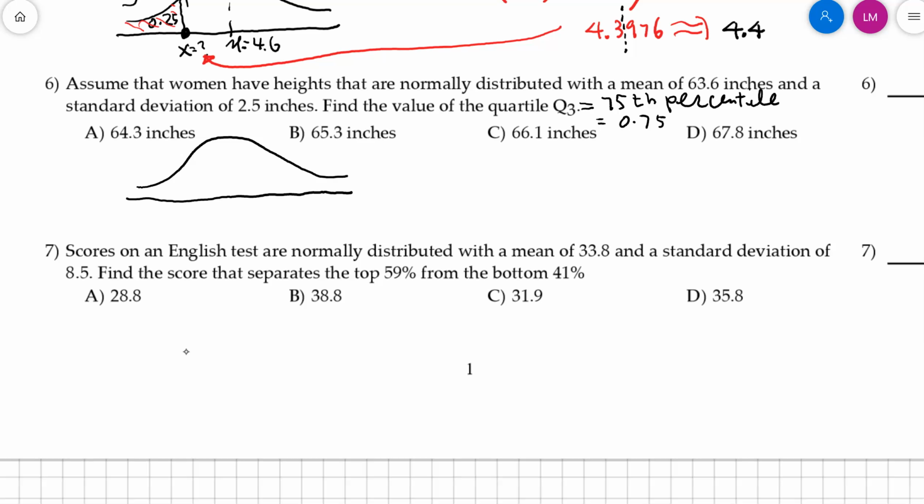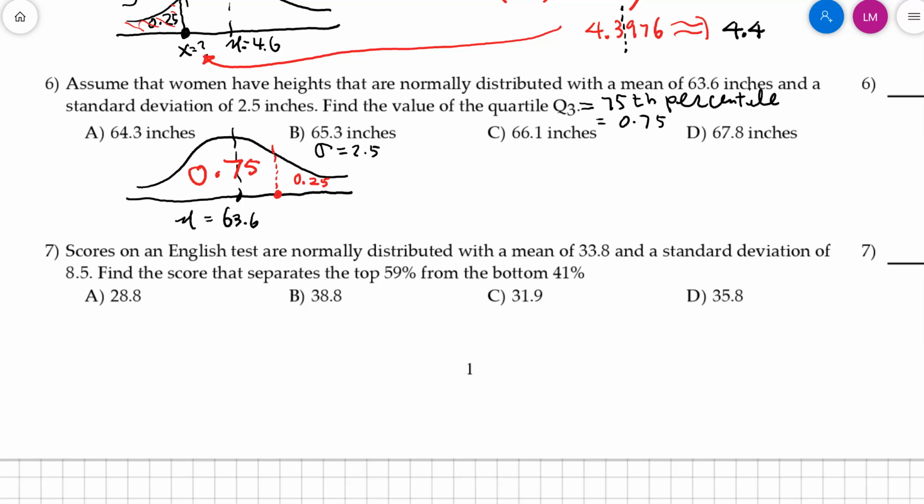So if you draw a picture like this, the mean, what is the mean? 63.6. This is the mean, and standard deviation is 2.5. Now, when you find the third quartile, meaning 75% is below you, this is 0.75 and this is 0.25.